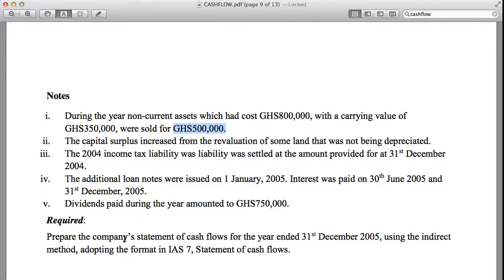Dividend paid during the year amounting to 750,000. Dividend is a financing activity. For financing activity, when you get the first one, it will spell all of them for you. It talks about your equity, and then the long-term liability.